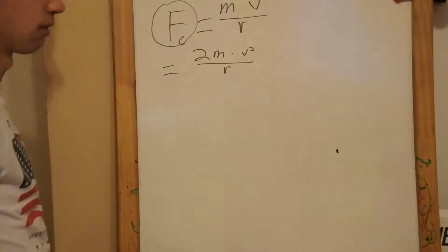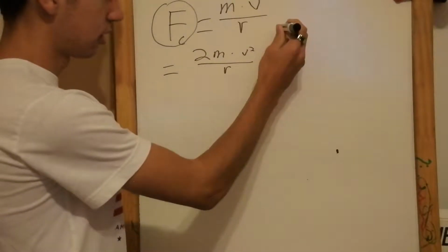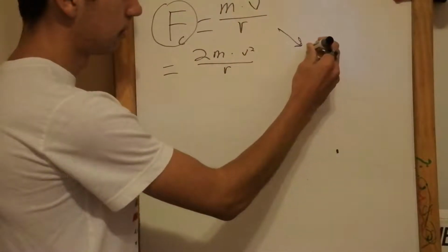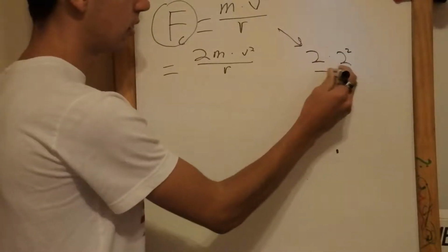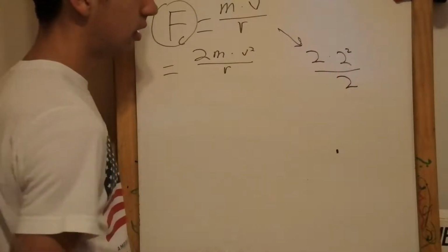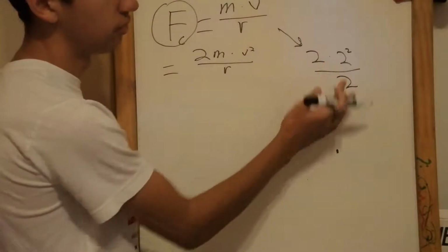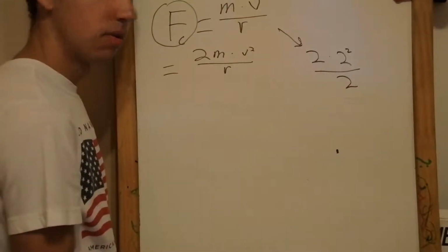So, for the first step, we're going to take the first equation, and I'm going to plug in 2 for m, times 2 squared, divided by 2. Okay? If you were to work that out, 2 squared becomes 4, times 2 is 8, divided by 2 makes the answer 4.